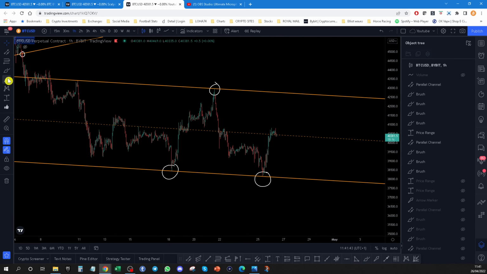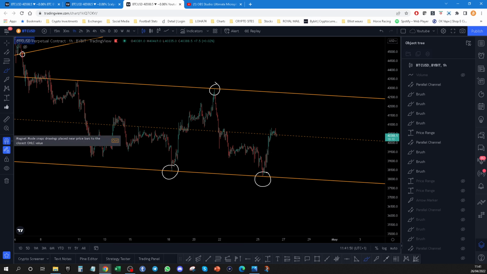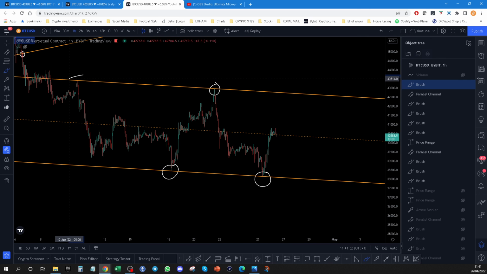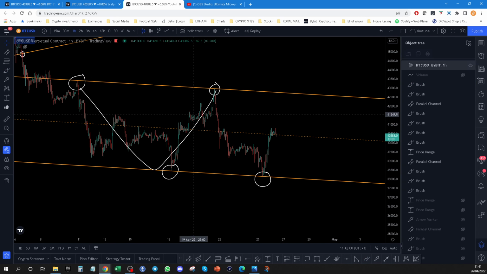That is interesting because, magnet tool off, if you look at that one, you got your 1, your 2 and your 3. It was there already.